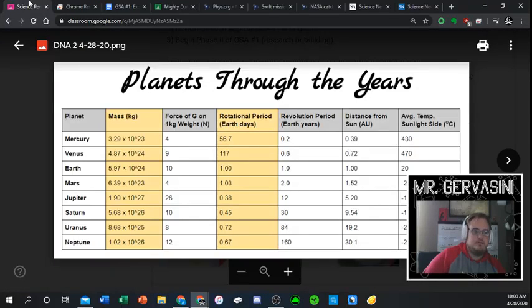So then the gas giants are the next half. 10 to the 25th. Is there a planet that's 10 to the 25th? Uranus is the only gas giant 10 to the 25th. So Uranus is the next largest planet after Earth, at 5. Number 6, we'll go to 10 to the 26th. There's 2 planets, Saturn and Neptune, both 10 to the 26th.